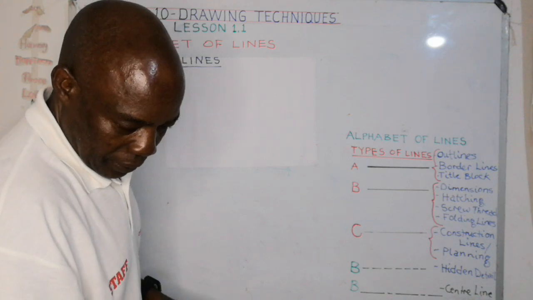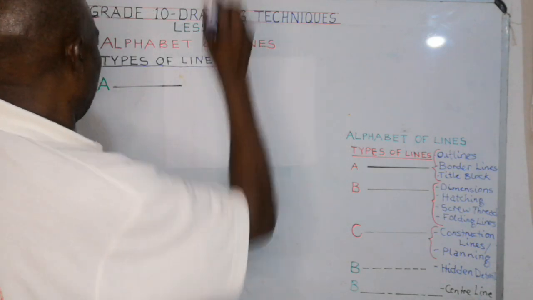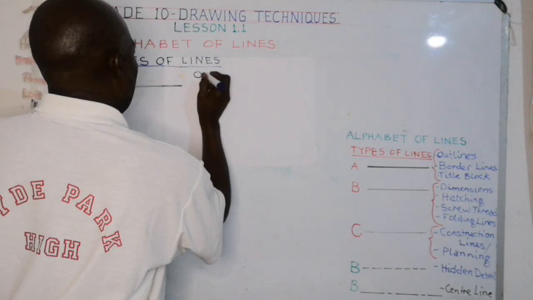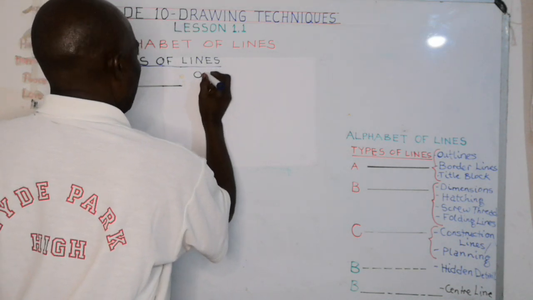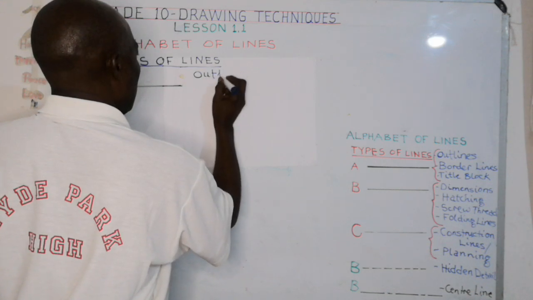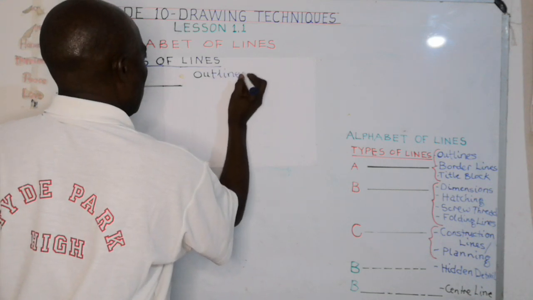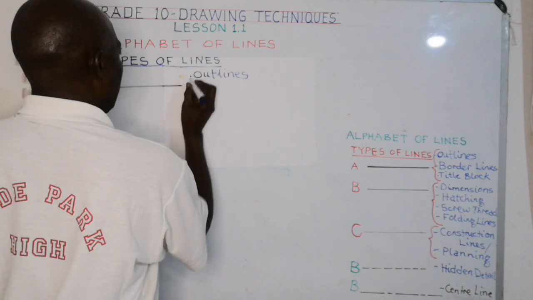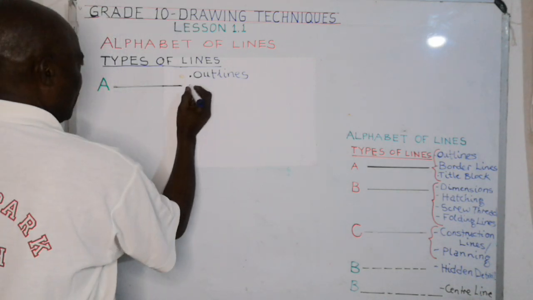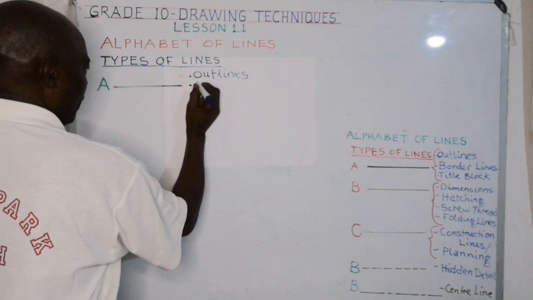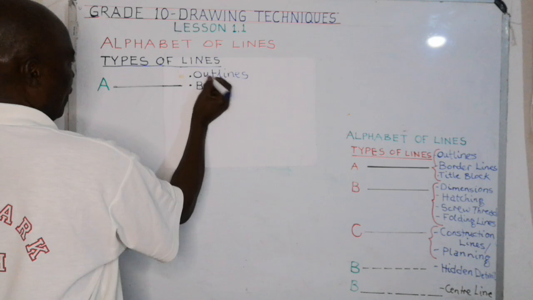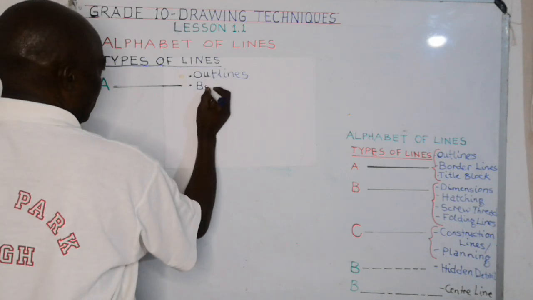I'll write in small letters this time. Outlines and also borderlines. A borderline is like a margin right round the drawing sheet.